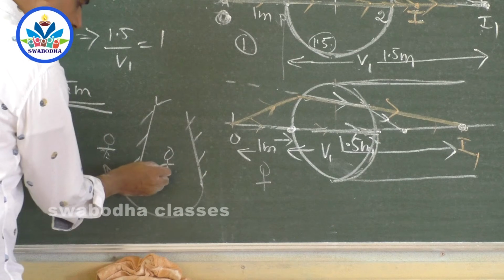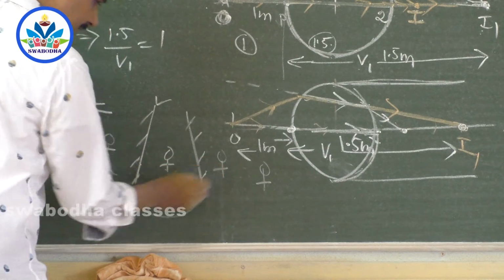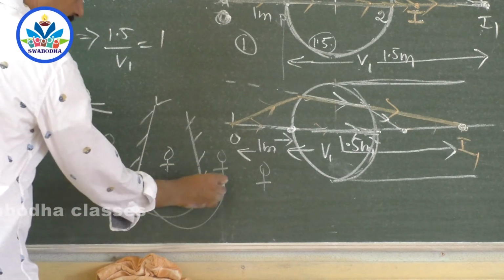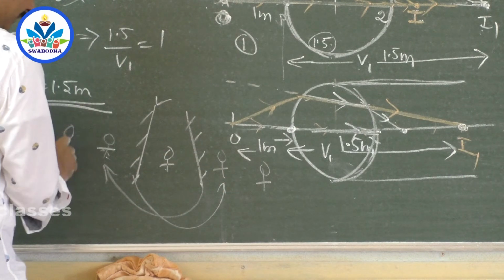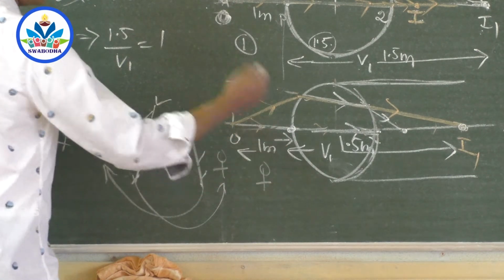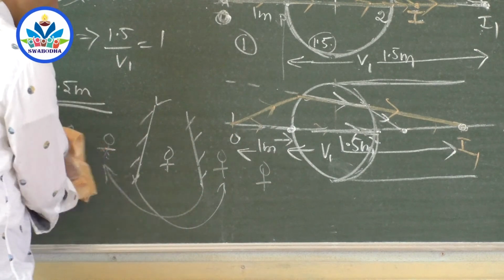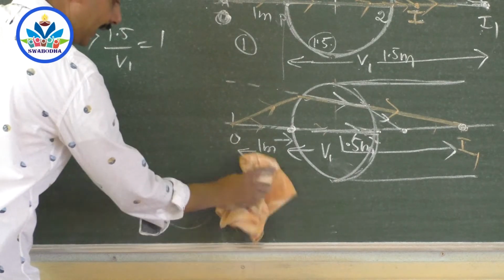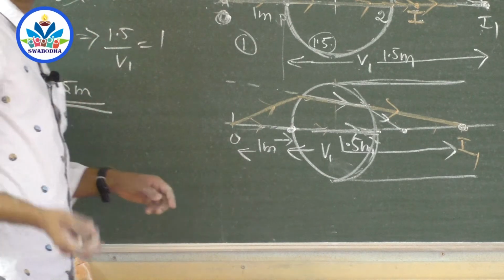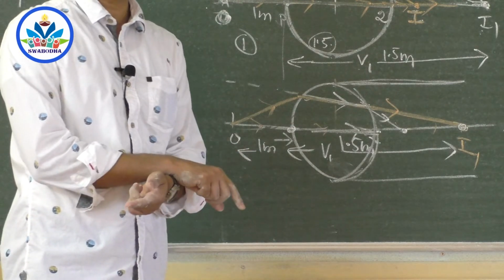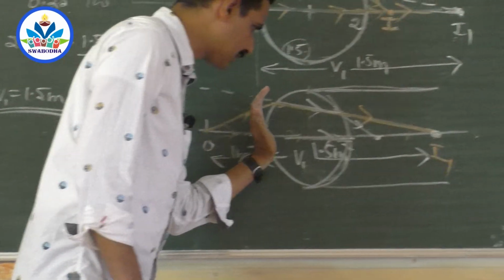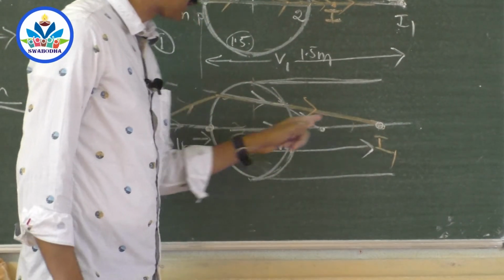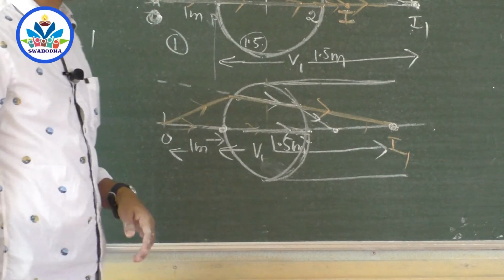And this mirror looking into this object forms an image here. This mirror looks into the image formed by this mirror and treats it as an object and forms its own image somewhere here. So this keeps on multiplying. The image formed by one mirror will act like an object for the second mirror. That is possible. Similarly, the image formed by the first surface alone acts like an object for the second surface.